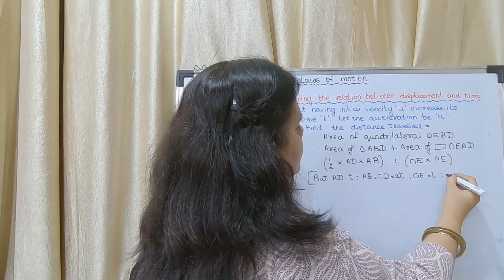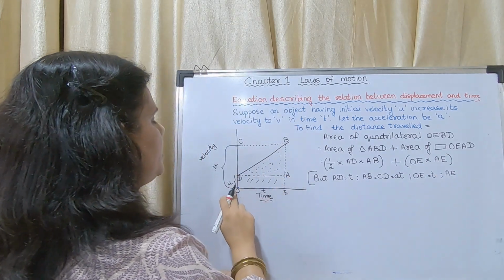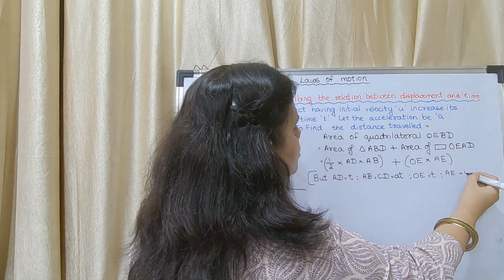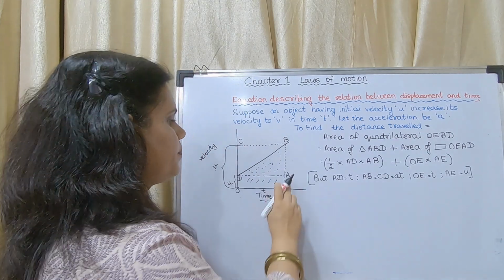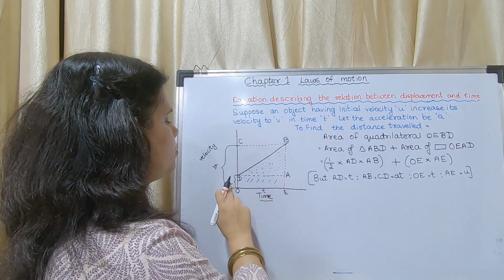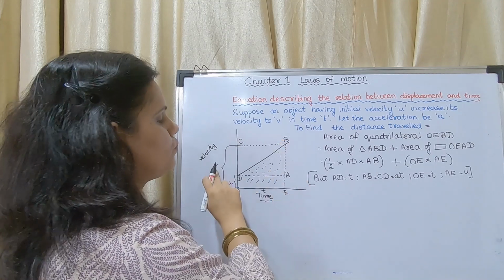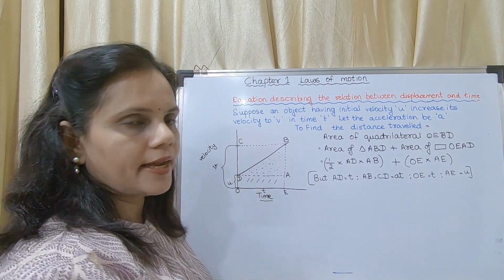And the last one, AE. What is AE? AE is U. You should be able to read the graph basically. AE is U, OE is T, BE is V, BA is CD equal to at.